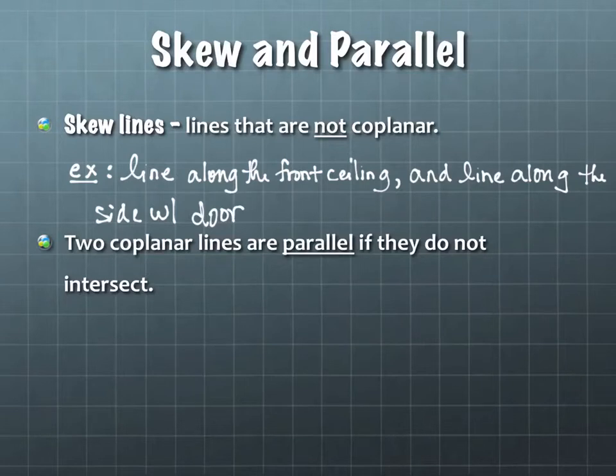These are very technical descriptions, you can tell. So I got this line up here behind me, right along the ceiling, and I've got the line over here along the door. They don't lie in the same plane. There's no plane that would connect both those lines or have both those lines in it.